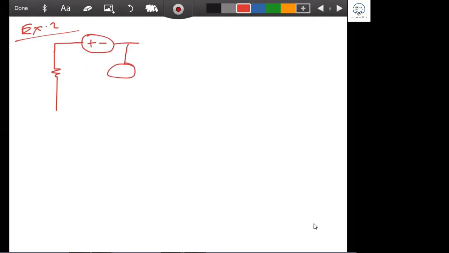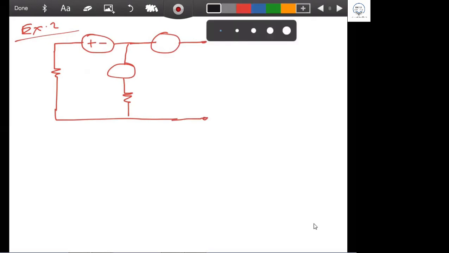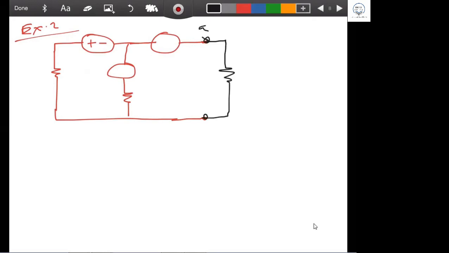Now let's come here. Example 2, all of you please copy example 2 faster. I'm going to draw it, and example 2 is like this. A battery here, a battery here, plus minus. This is the application. This is your RL, with A and B terminals.